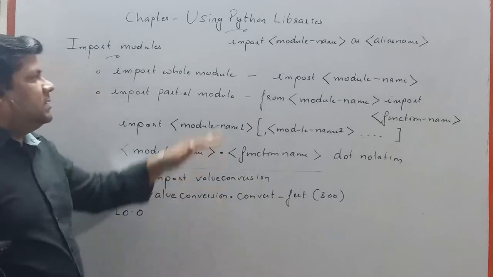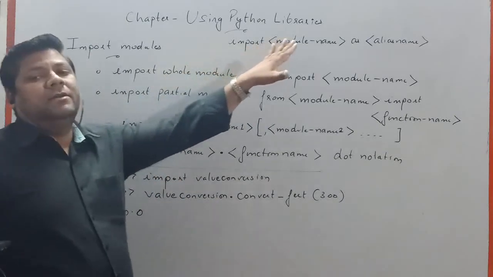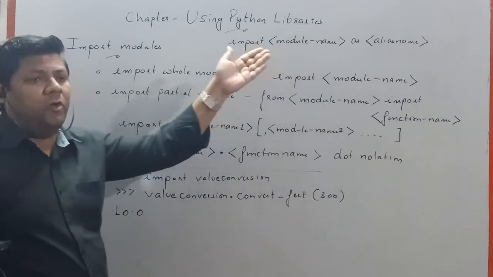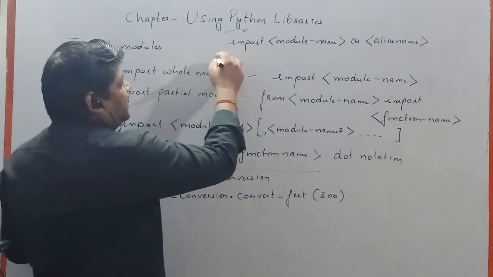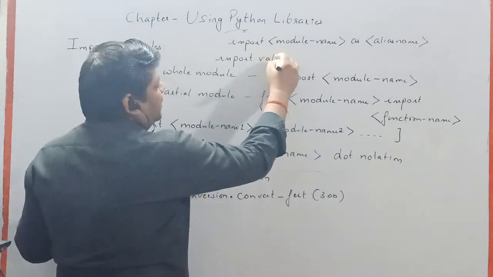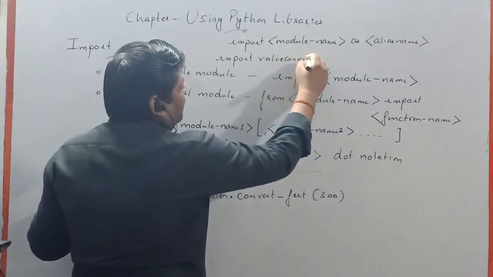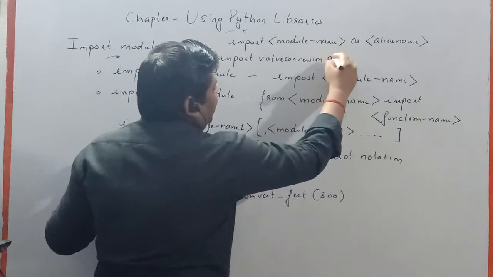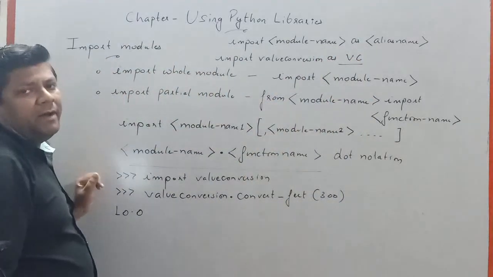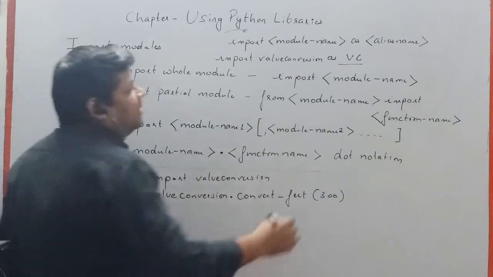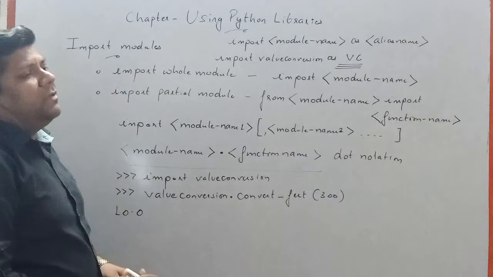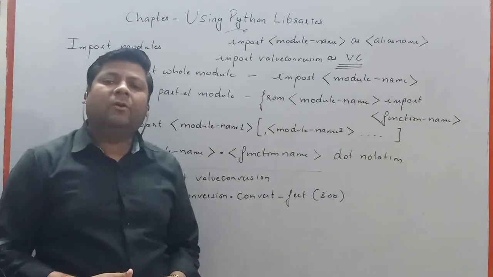This is how we could change the name of the existing module. Look at the example. We have created a module called value conversion, imported as VC. So now the new name of our module is VC. This is how we could rename the module.